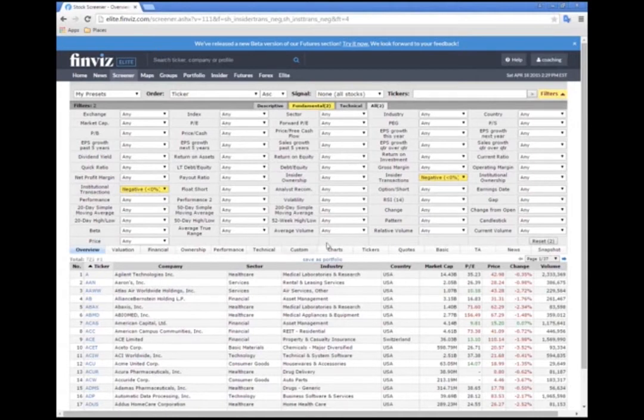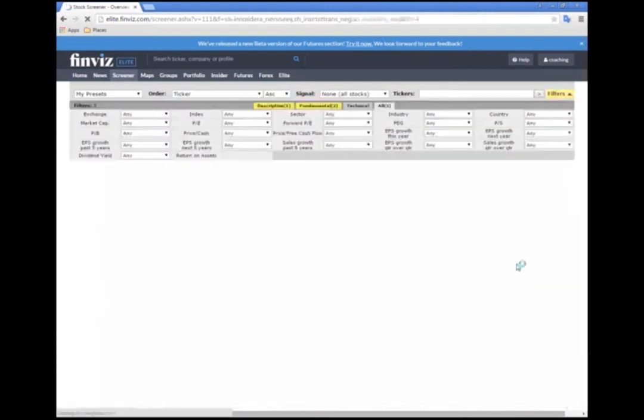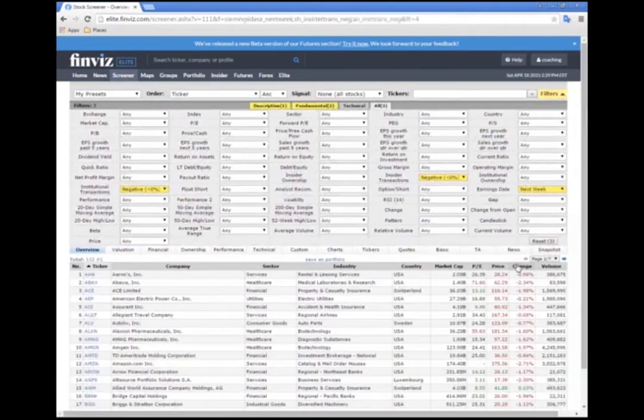Now let's say that we then wanted to combine that with earnings. Where are the stocks where the companies are selling their own stock and the institutions are as well before earnings are announced? So we can go to earnings date next week. All right, so we have 132 stocks where there's insider selling, institutional selling with earnings coming up.